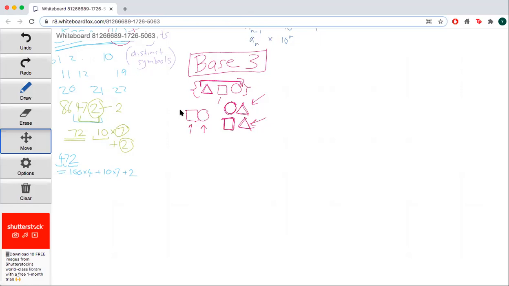We could have also used the numbers 0, 1, and 2 as the symbols. Okay, let's use 0, 1, and 2. So here what we're going to do is we're only going to use the first 3 digits because the other digits aren't needed anymore because we're in base 3 and we only need 3 distinct symbols.